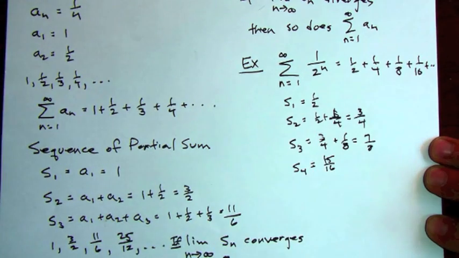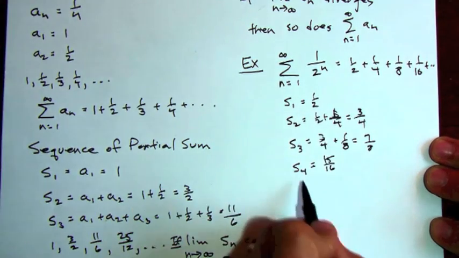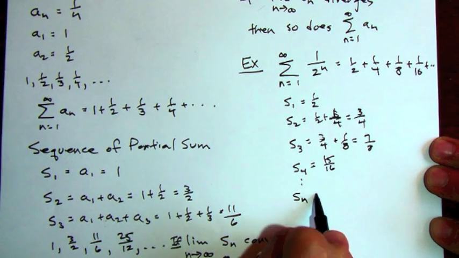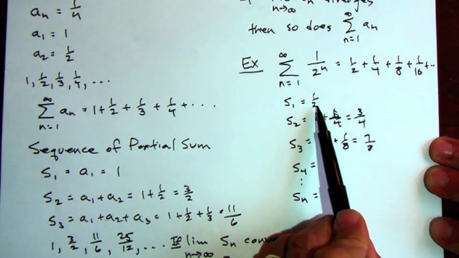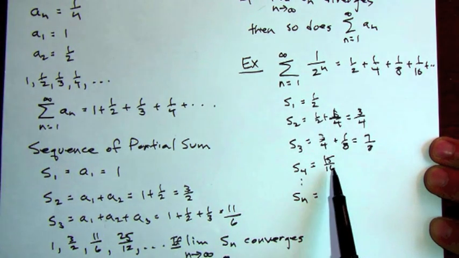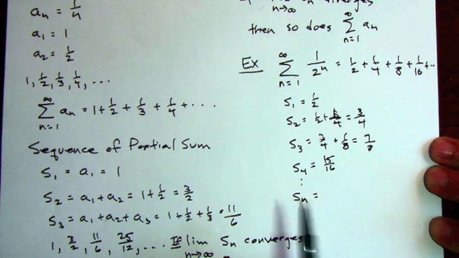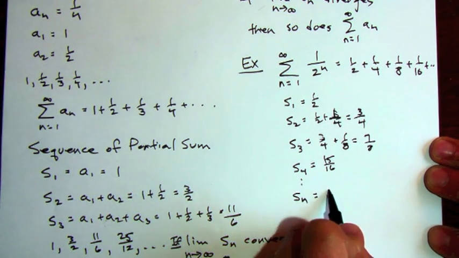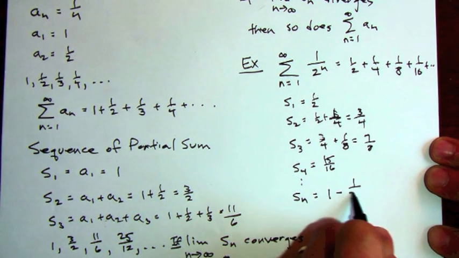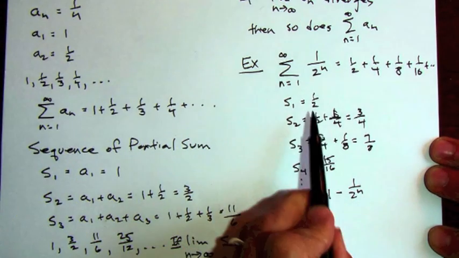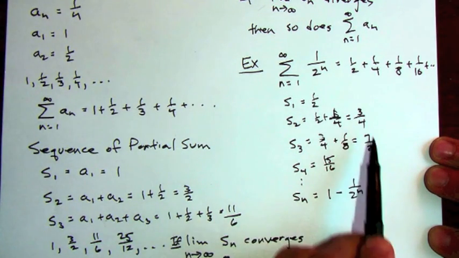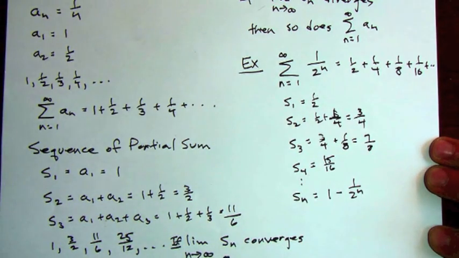All right, so notice, if we want to go out and look at Sn, notice 1/2, 3/4, 7/8, 15/16. One way to describe what's going on there is it's 1 minus 1 over 2 to the n, right? So 1 minus 1/2, 1 minus 1/4, 1 minus 1/8, 1 minus 1/16, and so on.